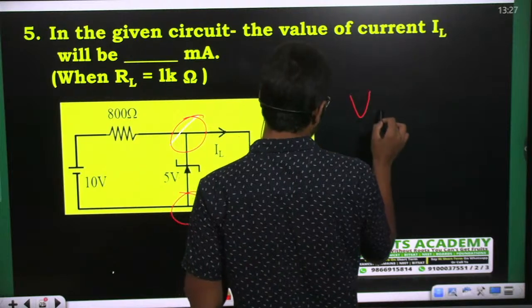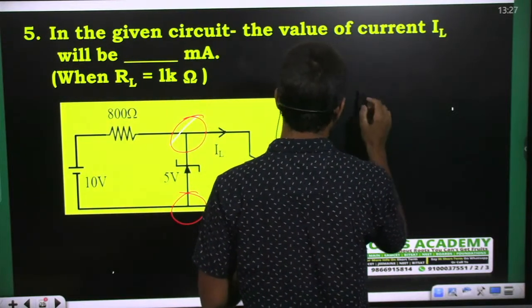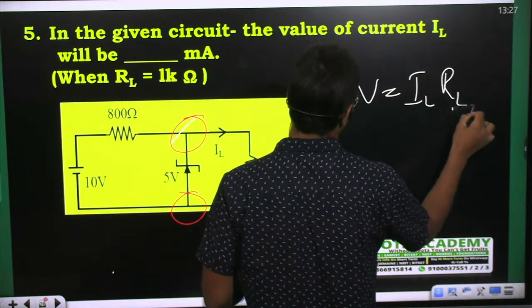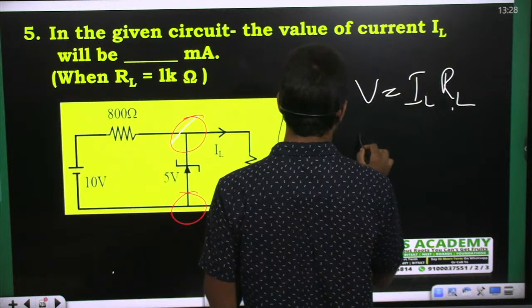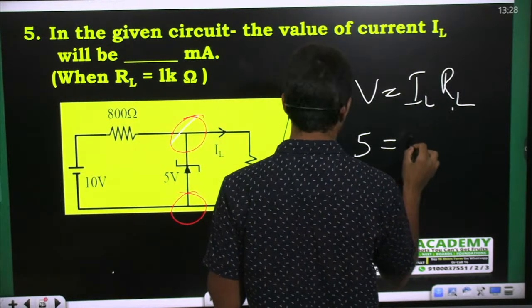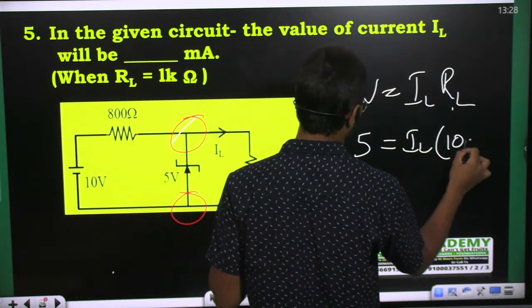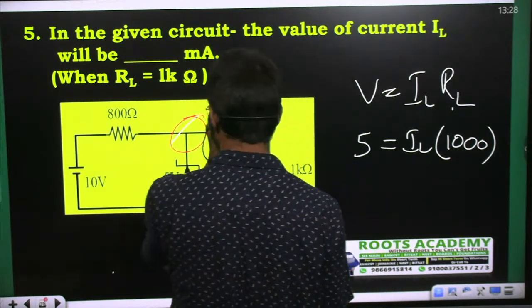V equals IL RL. So V is 5 volts, RL is 1 kilo ohm. You need to be very careful with the units.